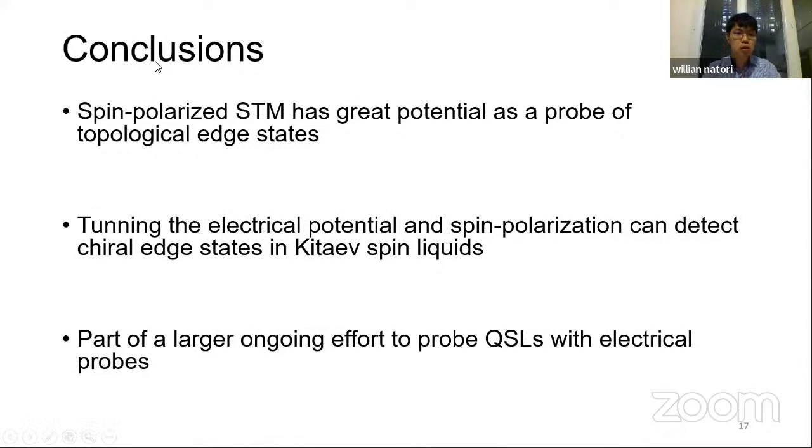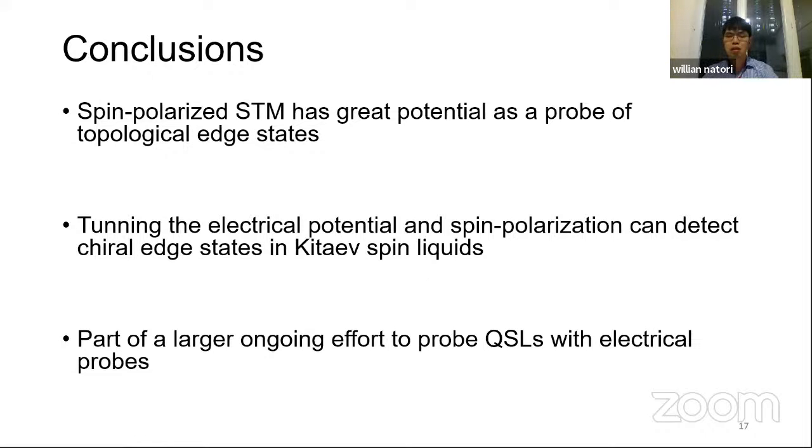So, to conclude, I discussed this spin-polarized scanning tunneling microscope as a potential probe for topological edge states in quantum magnets. We showed how tunneling, the electrical potential and the spin polarization can be used to detect chiral edge states in Kitaev spin liquids.